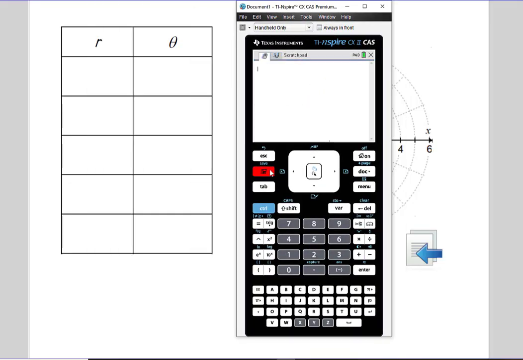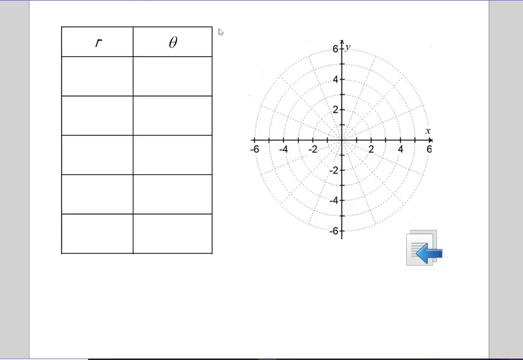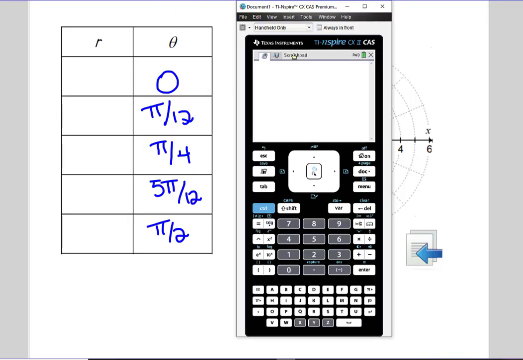So I can go over to the scratch pad, and when r is 0, we're going to look at our theta. So we've got when theta is 0, and we're going to look at pi over 12, pi over 4, 5 pi over 12, and pi over 2 using our calculator. So I want to pull up the function, and when theta is 0, we got 0.